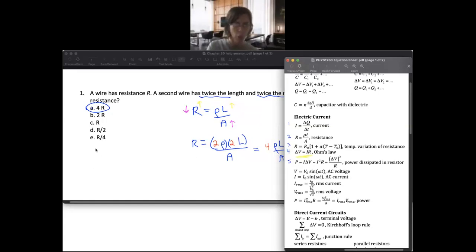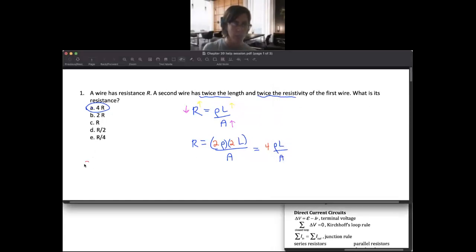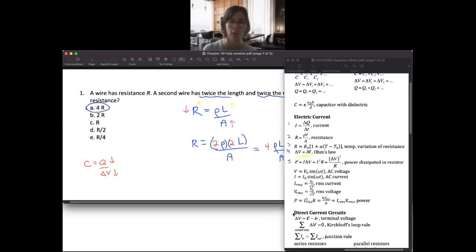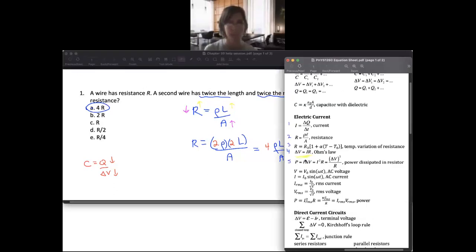If you remember when we did C equal to Q over V, we said if you had less voltage, it meant that the capacitor was going to store less charge. But changing the charge or voltage did not change the capacitance. Same thing with voltage, current, and resistance.